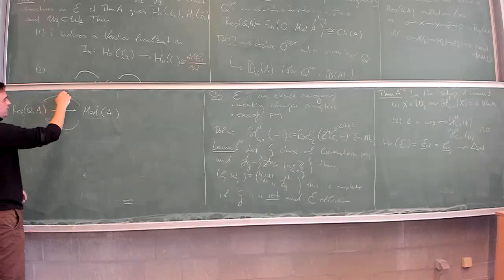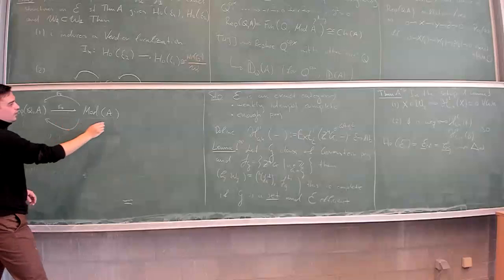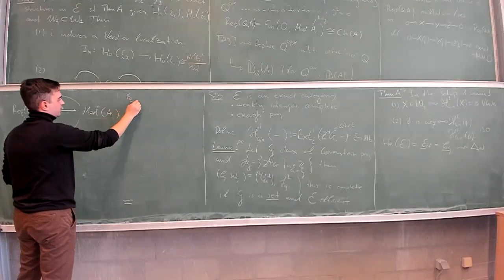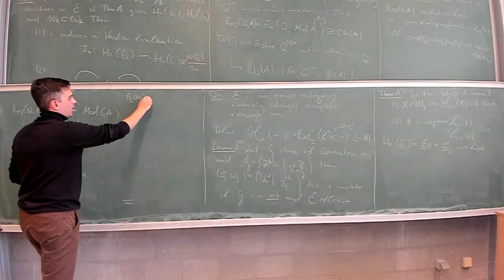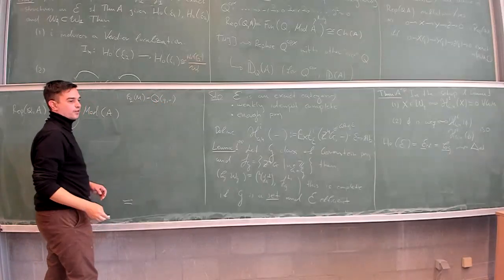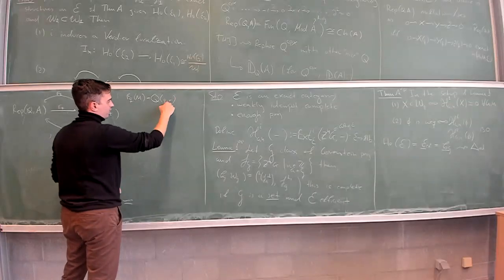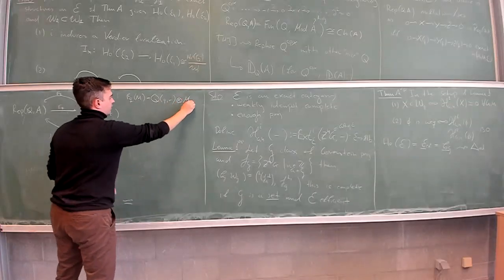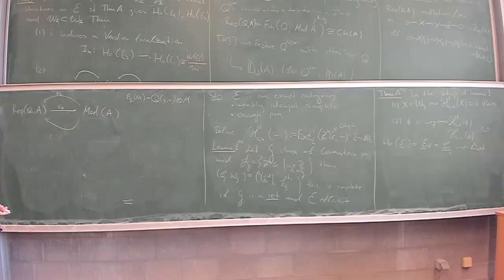I'm going to give you this guy here, F_Q, and we're going to define it on a module M as the representable functor of the vertex Q, tensored with the module M.